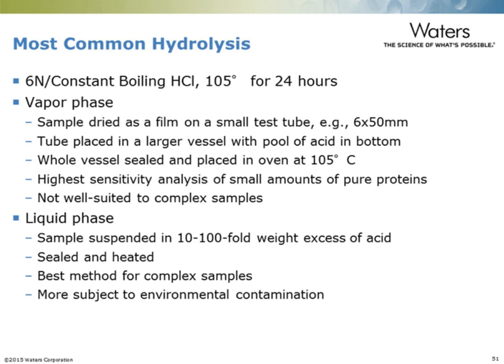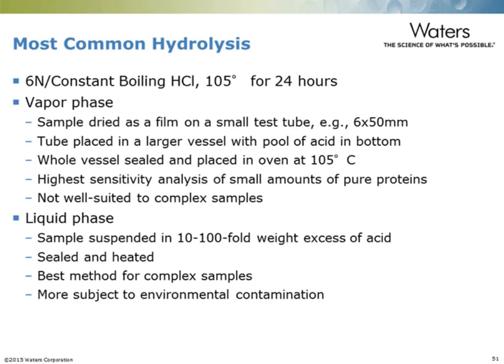You then seal that under a vacuum and heat it again to 105 degrees. Because you're adding the acid directly to the vial, you are more likely to add some background amino acids to the vial. The liquid phase and vapor phase methods can give essentially the same results.